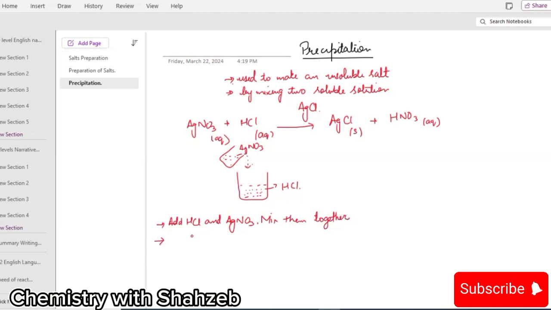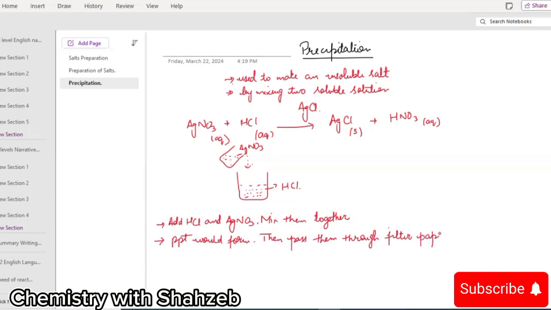When white precipitate would form, then pass them through filter paper.